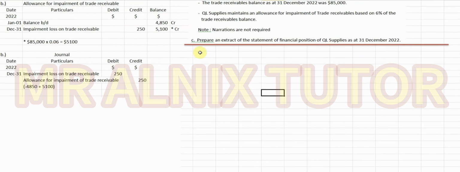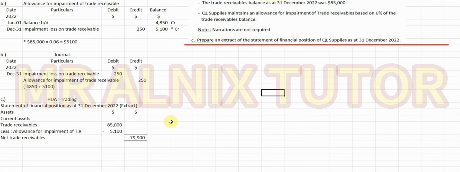Alright, next, part C. Prepare an extract of the statement of financial position of QL Supplies as at 31st December 2022. Okay, the format is like this. Title: What Trading, Statement of Financial Position as at 31st December 2022, but you must mention in brackets that it is an extract. Extract means that this is only certain parts, not the full set of accounts. Now you have to put the assets.